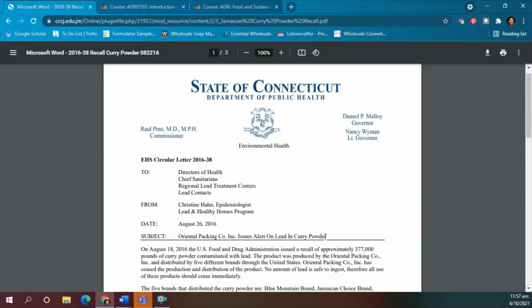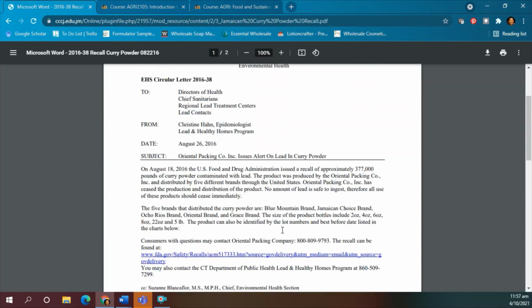And it also allows the students to do an evaluation as well. So you can provide this particular resource and students can evaluate what they believe could have contributed to this particular issue. In this case, there was concerns about the amount of lead. So here it says that the curry powders are contaminated with lead and no amount of lead is safe to ingest. Therefore, all products should cease immediately.